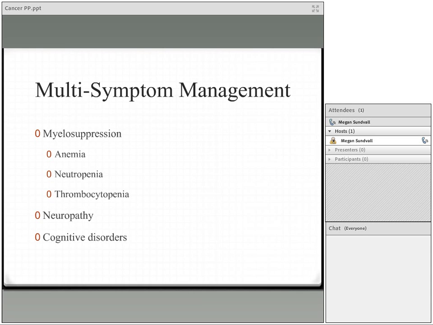Signs and symptoms that you're going to notice: fever, chills, cough, shortness of breath, sore throat, stomatitis, redness and swelling of any breaks in the skin, changes in bowel and urination patterns, flu-like signs and symptoms, nausea, vomiting, and general malaise.